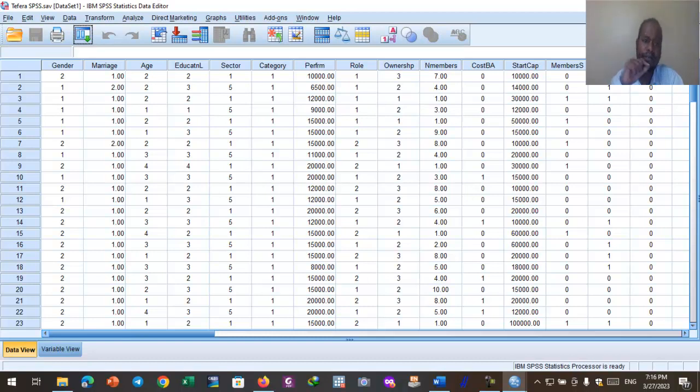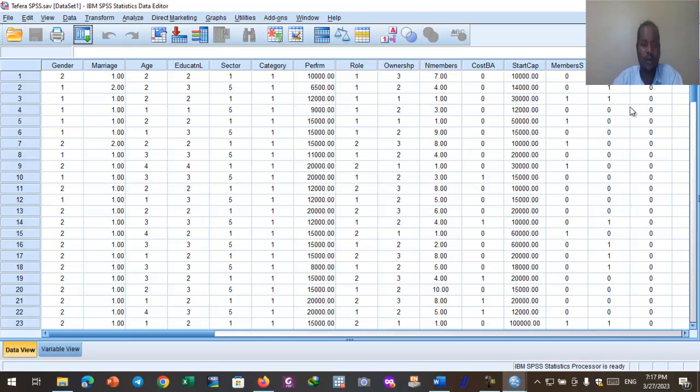Because the independent sample t-test is a parametric test, the dependent variable should always be continuous, and the independent variable should be categorical.